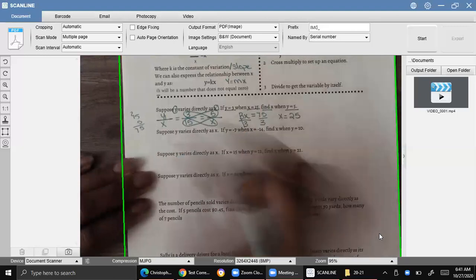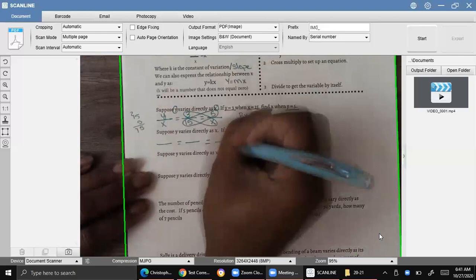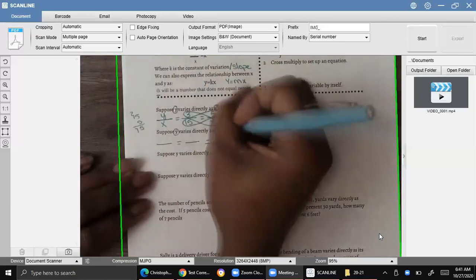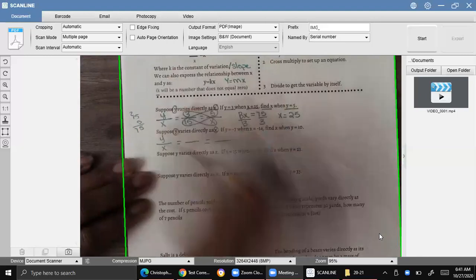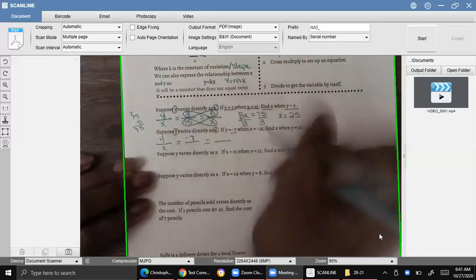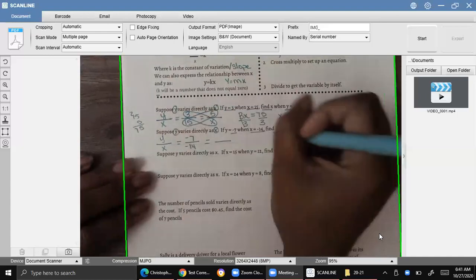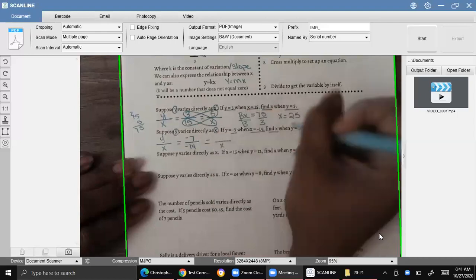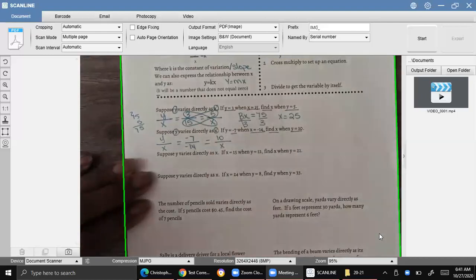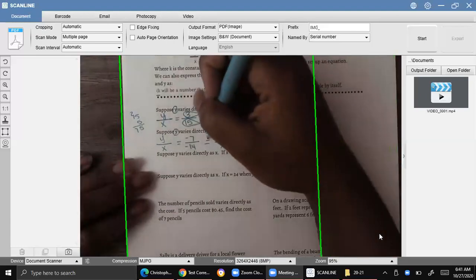Step 1 is to create our triple proportion. We're going to read through. So suppose y varies directly as x. So we're comparing y and x. If y is negative 7, when x is negative 14, find x when y is 10. Okay? So we're going to, step 2, cross multiply.